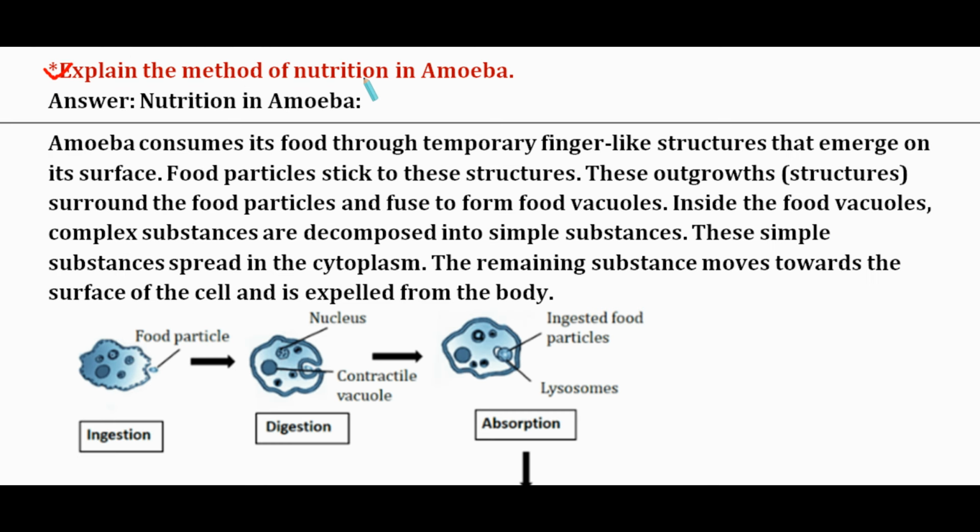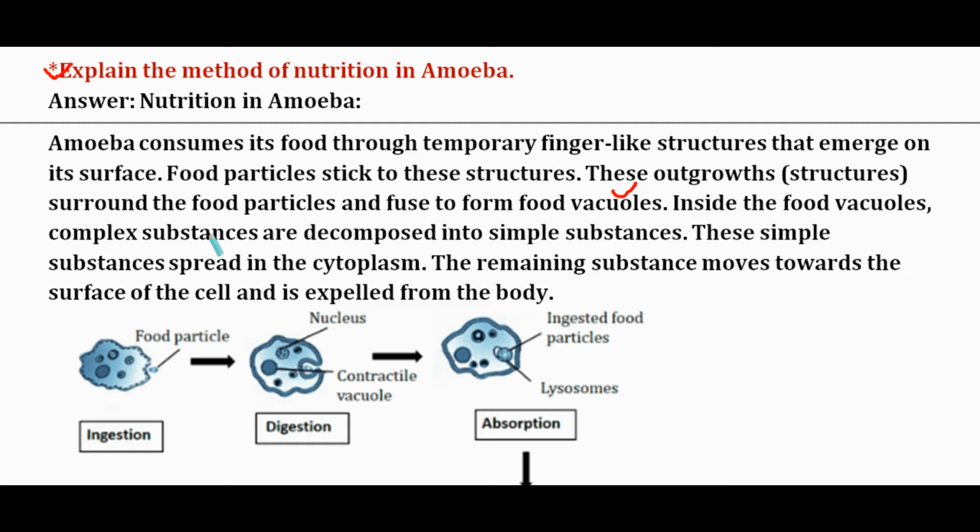Next question, explain the method of nutrition in amoeba. Amoeba consumes its food through temporary finger-like structures that emerge on its surface. Food particles stick to these structures. These outgrowth structures surround the food particles and fuse to form food vacuoles.